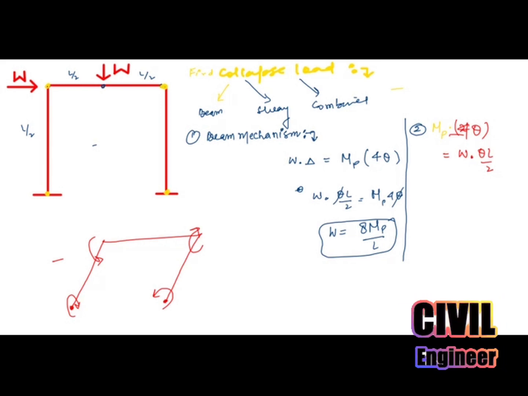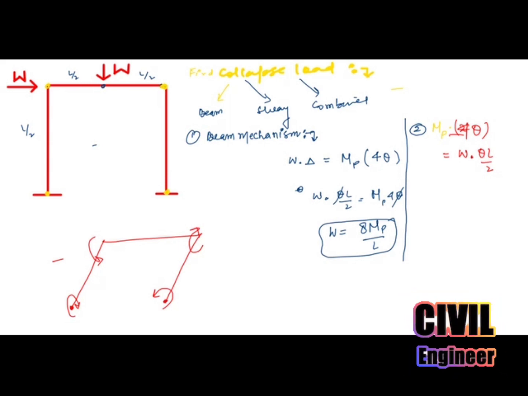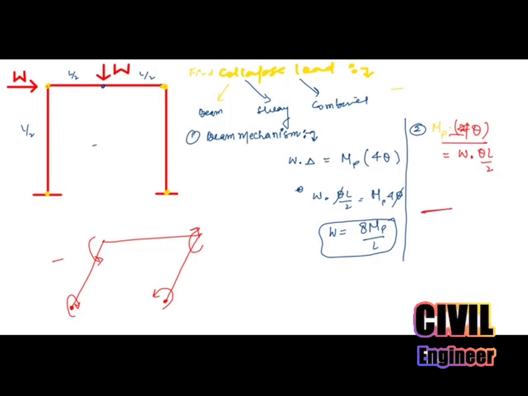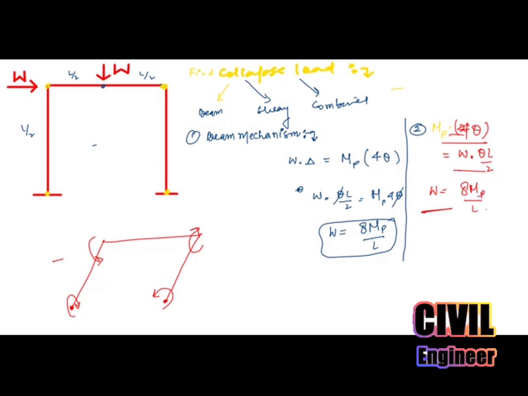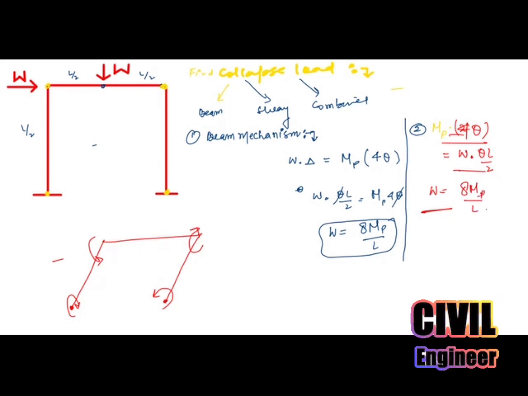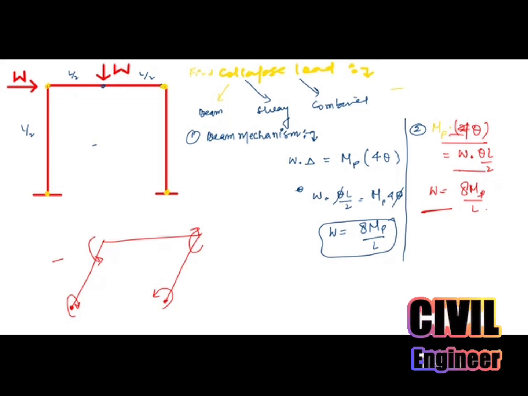These four have gone through rotations due to these MPs. So this will be 4 times theta, and we will get W equal to 8 MP divided by L.